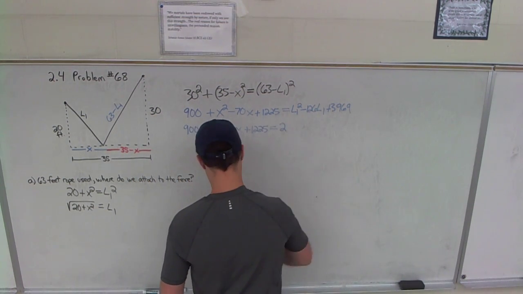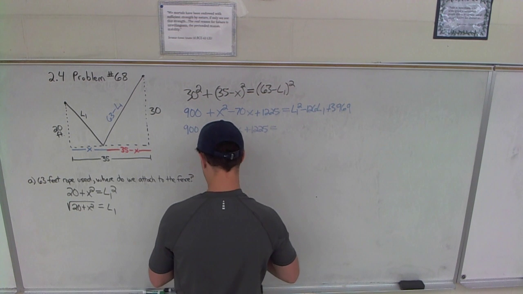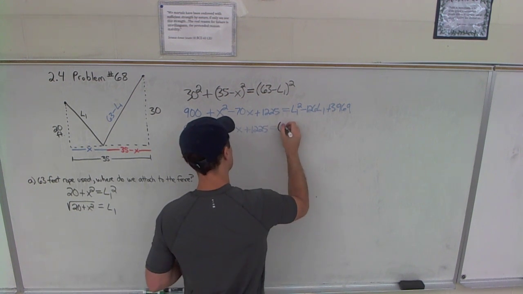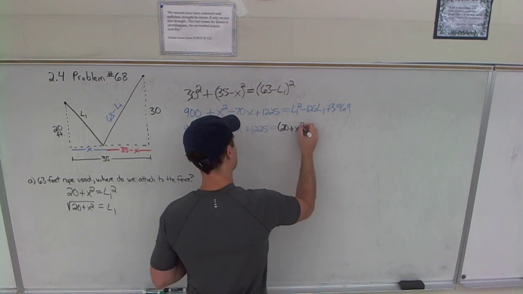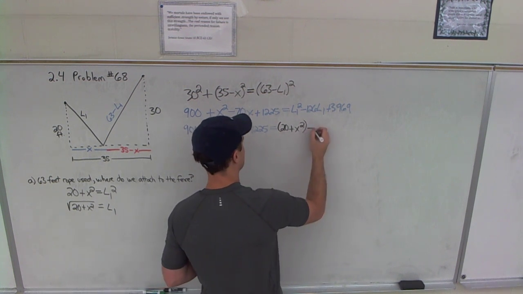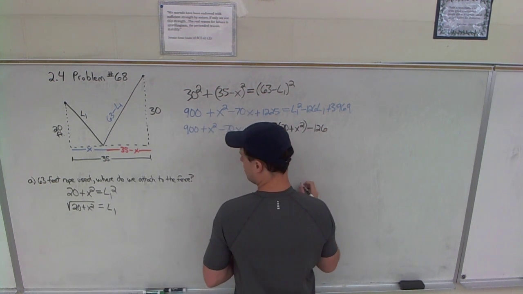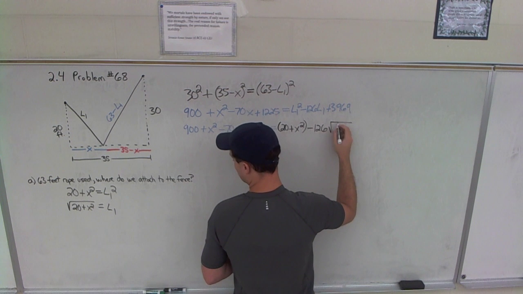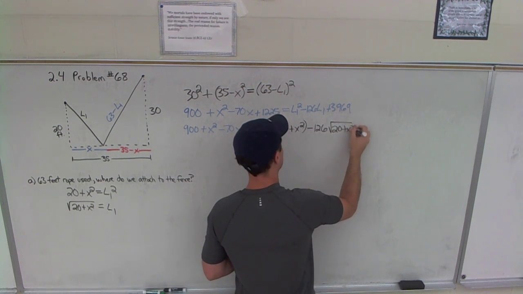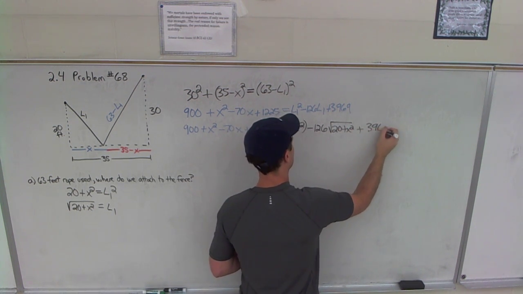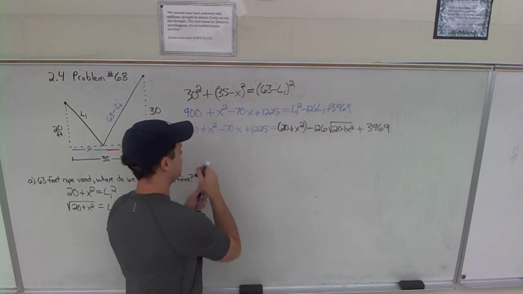L1 squared was, let's use color coding. L1 squared from right here is 20 plus x squared. I don't really even need those parentheses, but I can put them there anyway. Minus 126 times the square root of 20 plus x squared. And there we go.